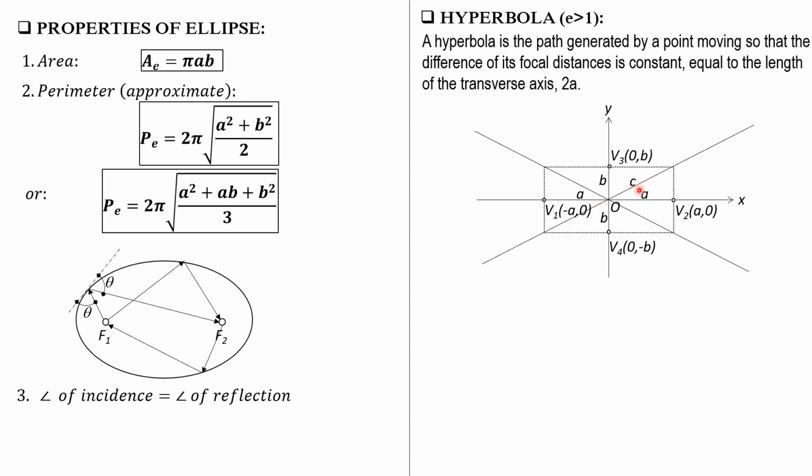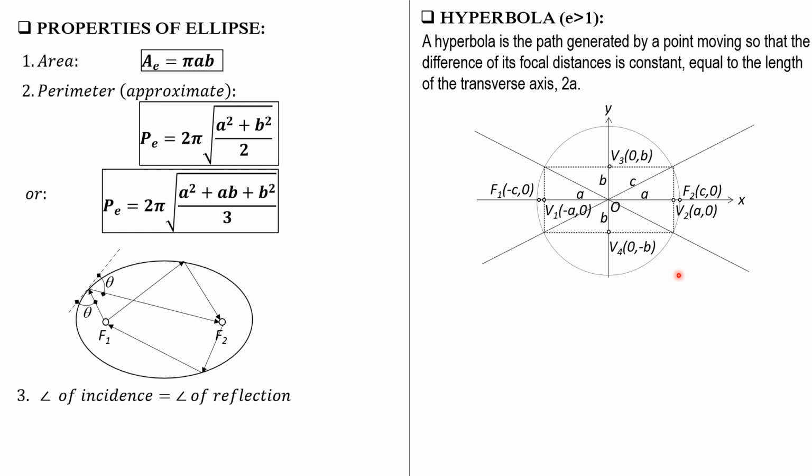So that's also the radius of the imaginary circle circumscribing the rectangle, so that the foci will lie on the circle and on the x-axis, as shown in the figure. So that's the left focus at negative c comma 0, and the right focus at positive c comma 0.